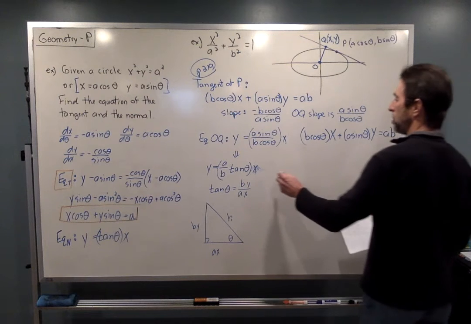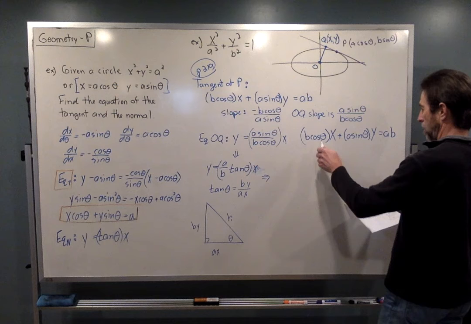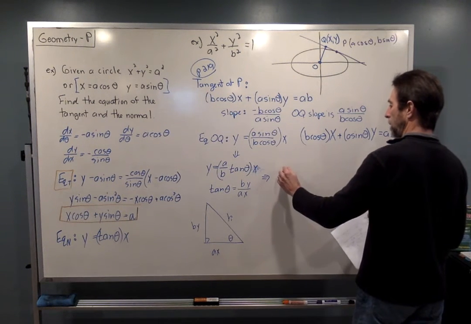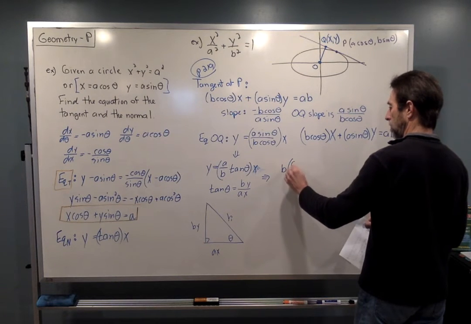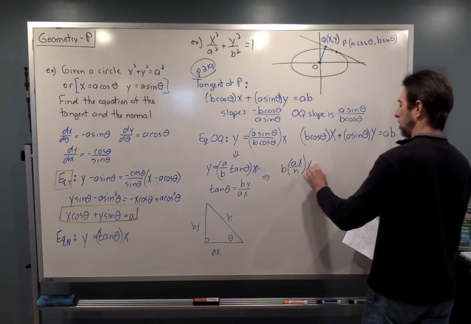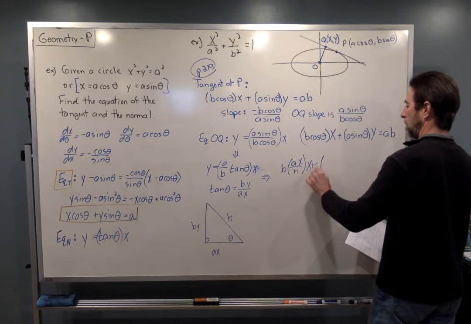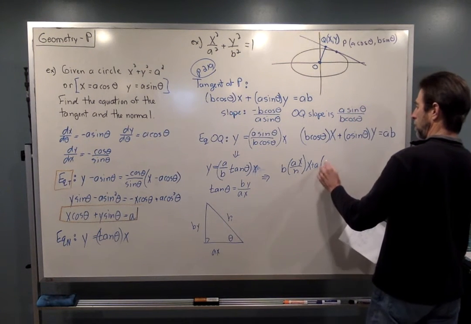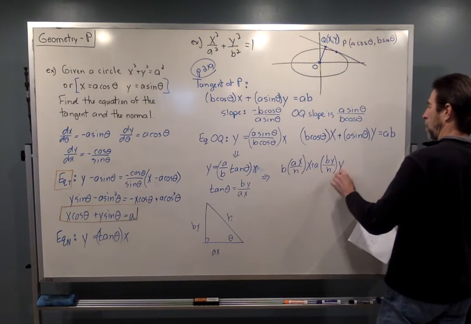So let's go ahead and use that over here. Okay, so this cosine theta would be ax over h. So we're going to have b times ax over h times x plus a times the sine of theta, which was by over h, times y equals ab.